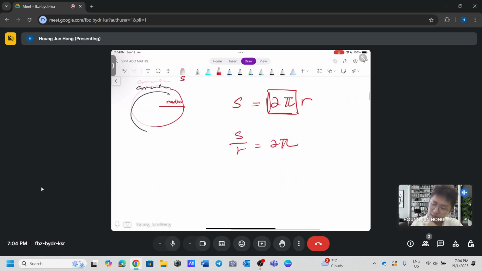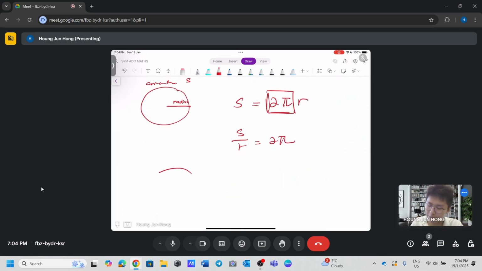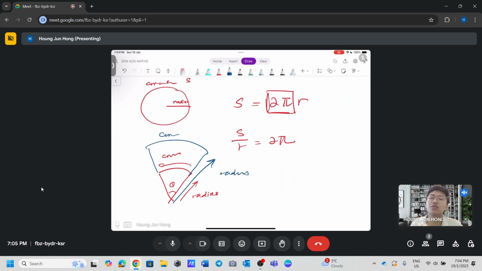Moving on, even if I have a certain angle over here, doesn't matter, the rule still applies. Of course, the larger the radius, the larger the circumference. Again, I hope it makes sense, because if you extend this radius to be bigger, then yes, the circumference also becomes bigger. So again, we can still see that there will definitely be a ratio between S and r.